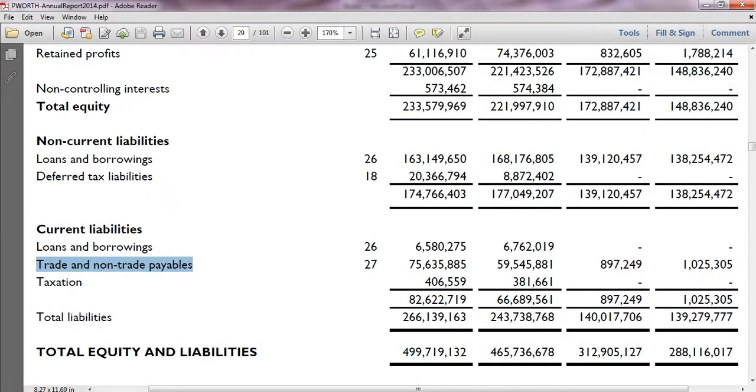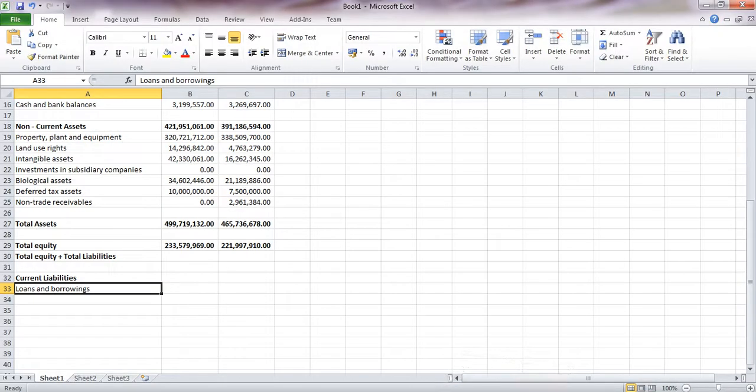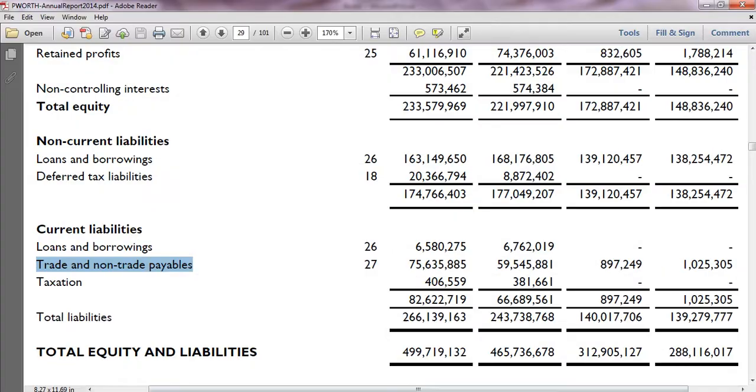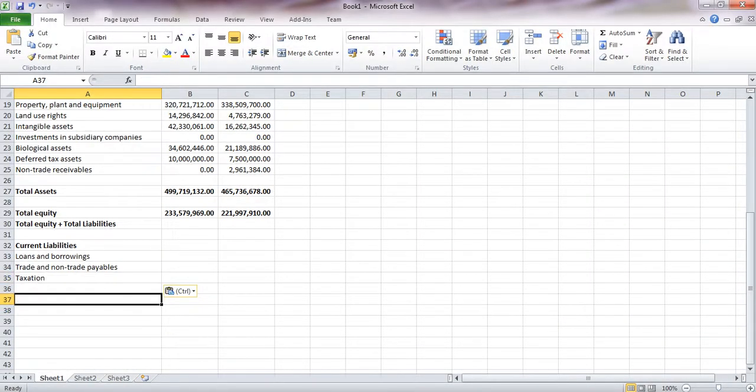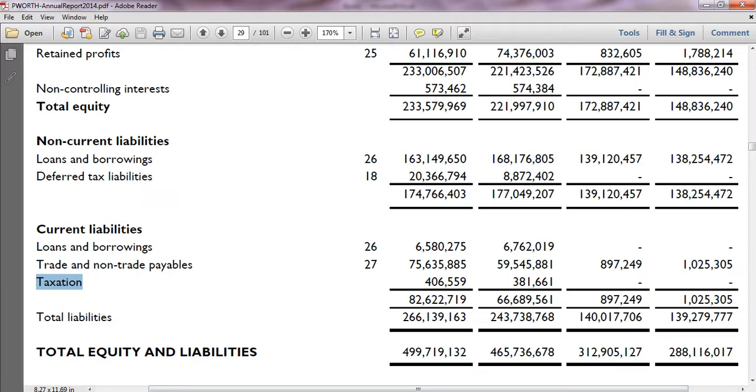After that, it's very fast to complete this one without explaining. At first you need to have a format like this. After that, non-current liabilities. I'll do both first. Okay, loan and borrowing.